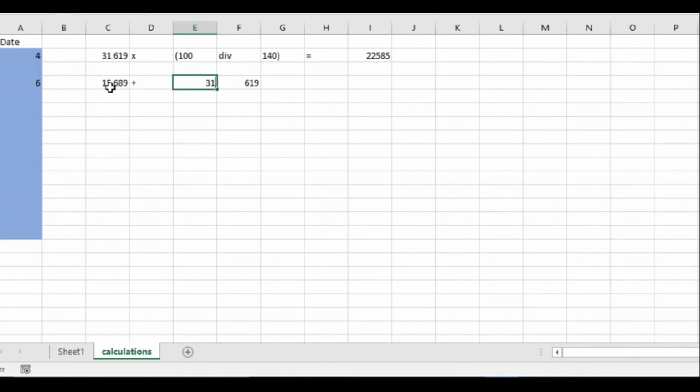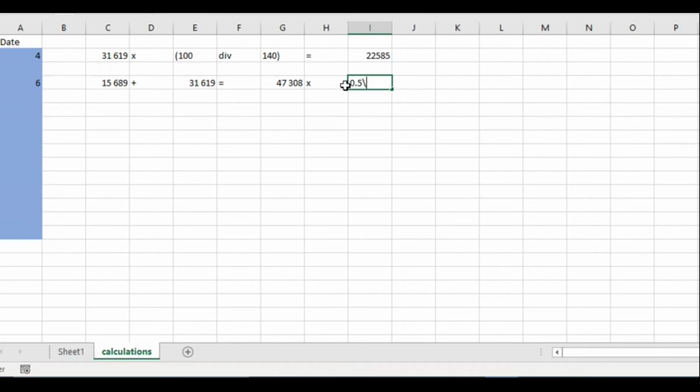So for that, 31,619 equals to, so I'm just going to say equals to, as I told you, I'm going to select the cell, click the plus button, and then select the cell, which gives me the total of the two. But then now we're looking for 50%, so you can either say 50% or 0.5.